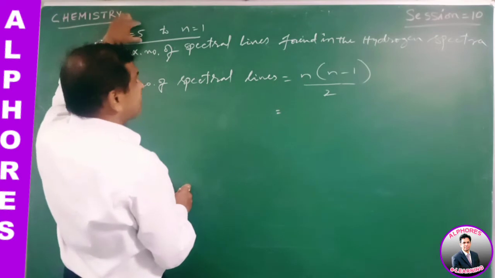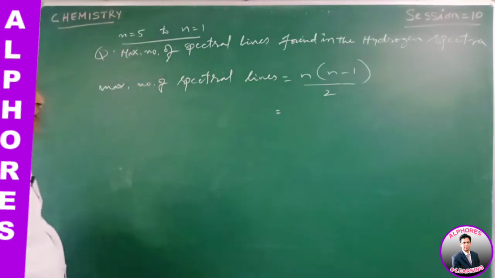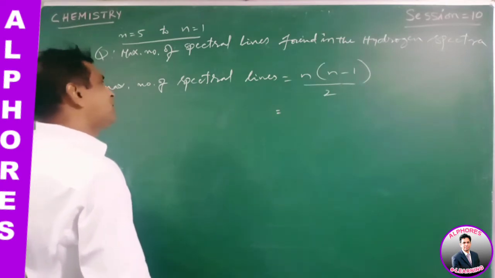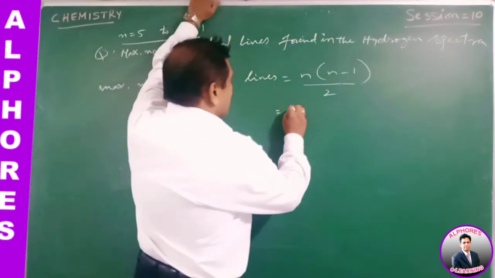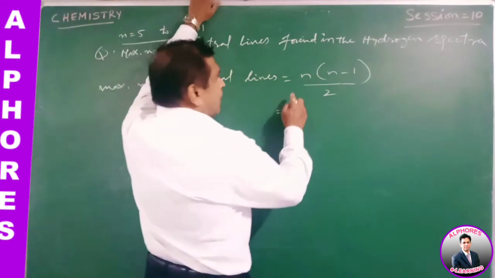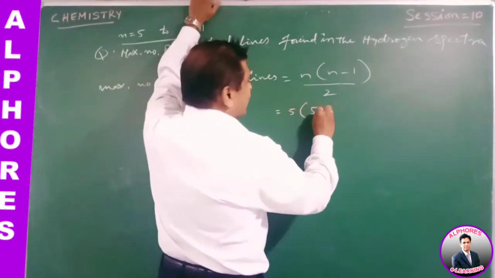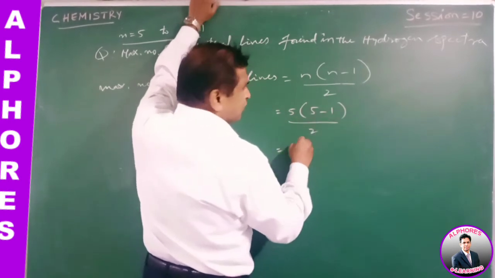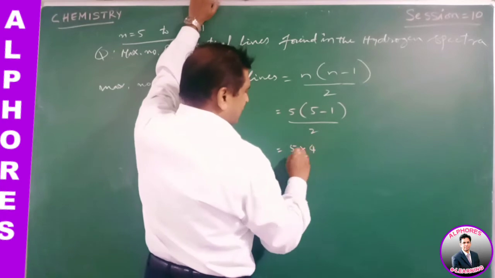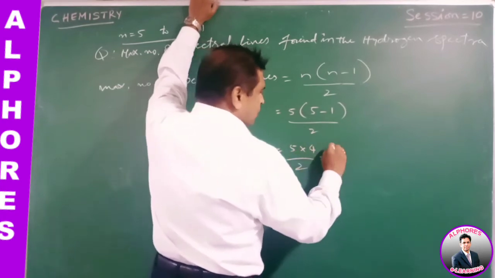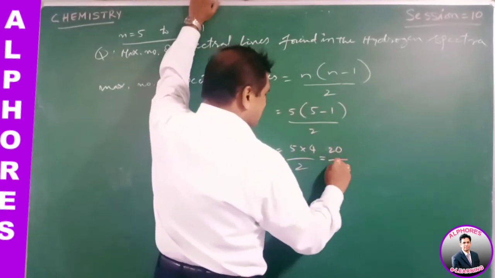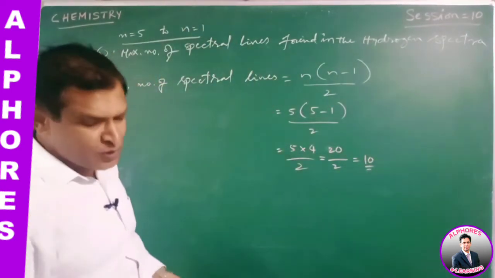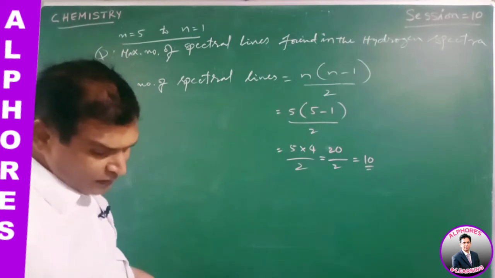The electron is coming from the 5th orbit to the 1st orbit, so n equals 5. So 5(5 minus 1)/2 equals 5 into 4 by 2, which equals 20 by 2, which equals 10. So 10 spectral lines are formed in the hydrogen spectrum.